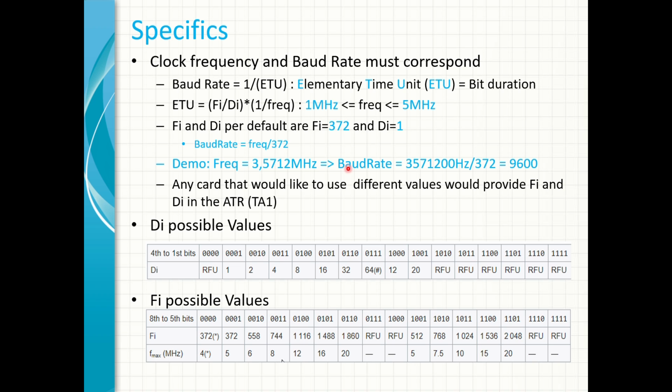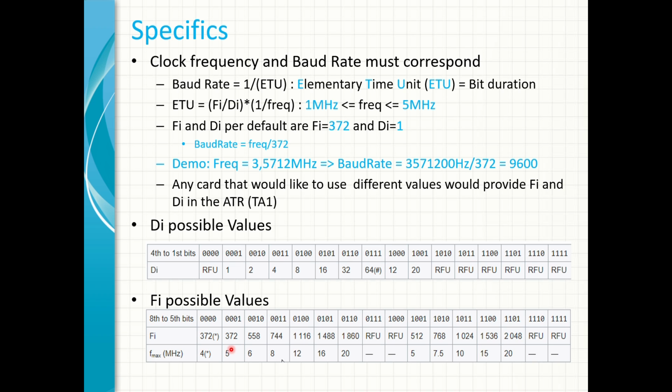One of the reasons of the ATR is, for example, to exchange parameters of Fi and Di, which may have these different possible values, but the default value, as you can see here, for Di is 1 and for Fi is 372 for a maximum frequency of 5 MHz.